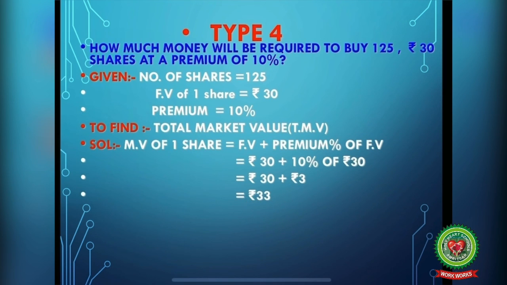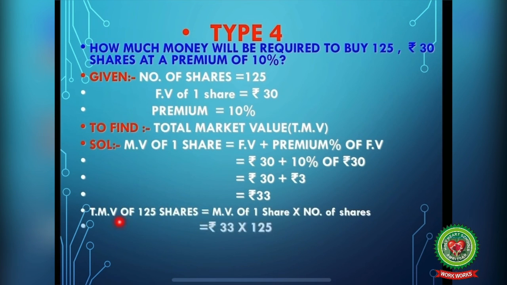Now the next step is to calculate the total market value. The total market value of 125 shares is equal to the market value of one share into the number of shares, which is rupees 33 multiplied by 125. The answer comes out to be rupees 4,125.